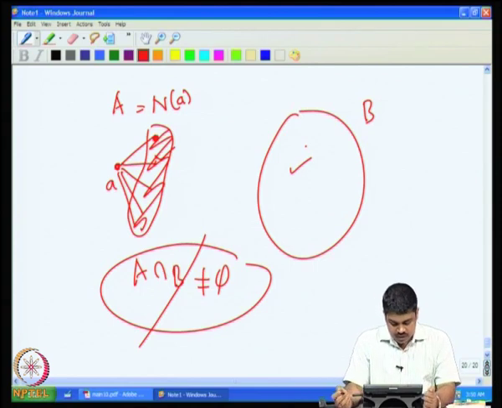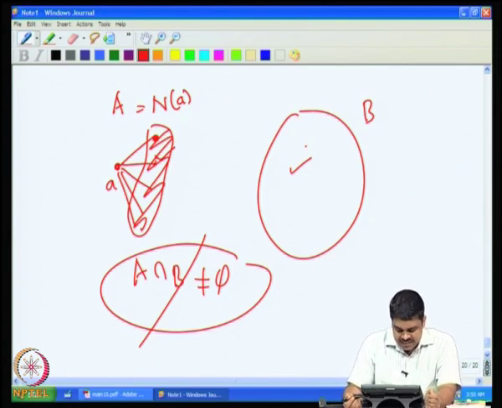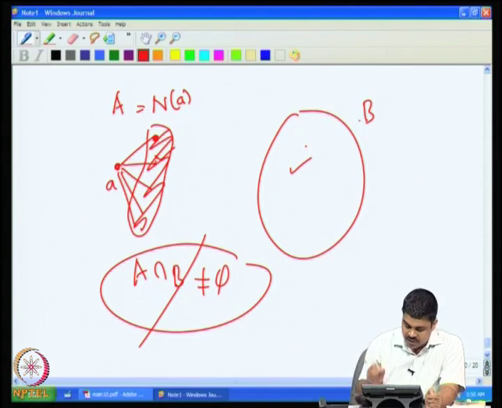Now it's easy to see that the maximum number of paths starting from A and reaching B will be equal to the maximum number of capital A to B disjoint paths.